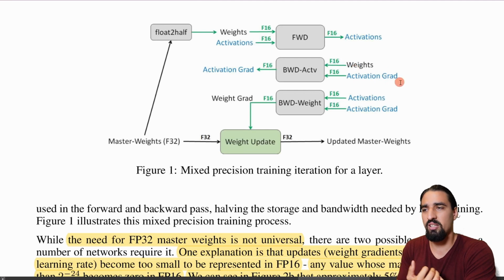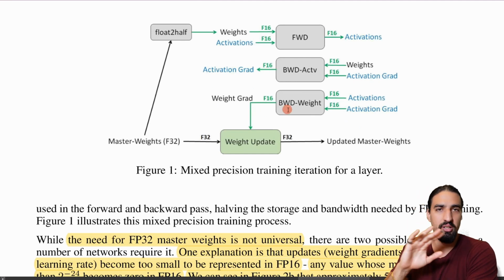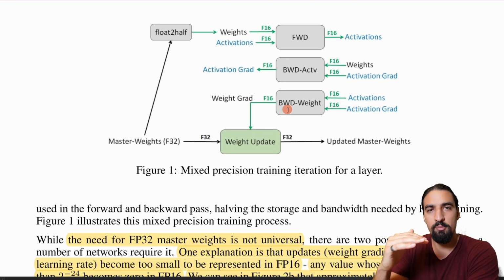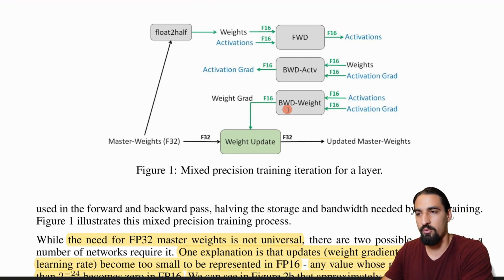The weights are FP16, you calculate the activation grads. From the activation grads, you get the weight grads, and all of those are in FP16. Because of that, you benefit from smaller memory, as well as higher throughput, as we saw that some modern GPUs have higher throughput for FP16 compared to FP32.